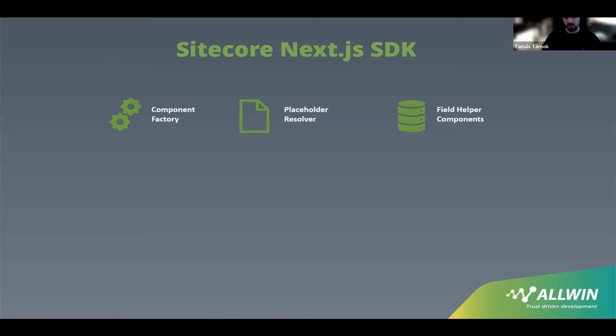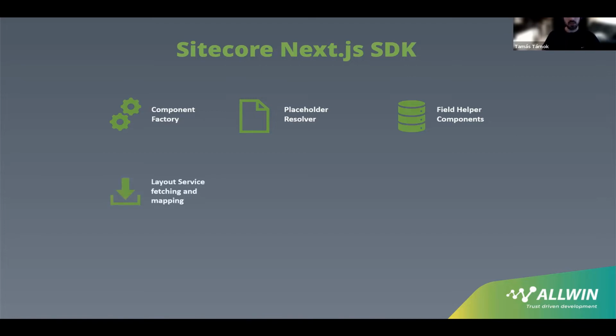So the placeholder resolver also renders the components into the correct placeholder. The next one is the field helper component, which helps the developers to render image components or links or rich text inside the Next.js project.